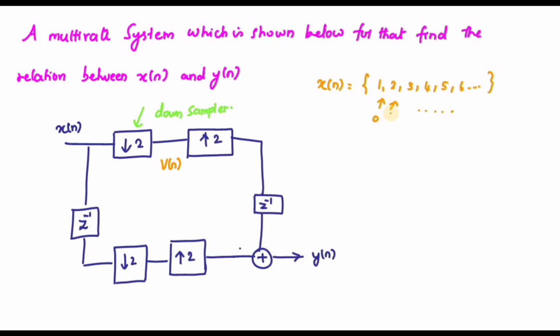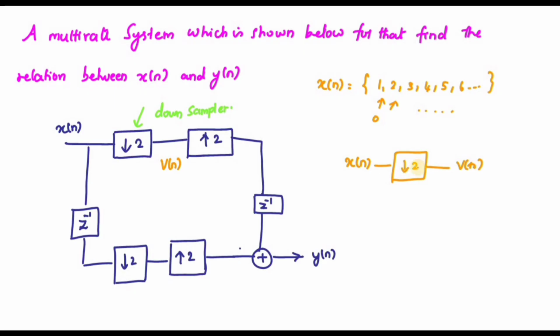This is my assumption. If x of n is given to the downsampler, that is 2 value, I will get the value of v of n. So I'm going to write the expression for v of n. What will the downsampler do?